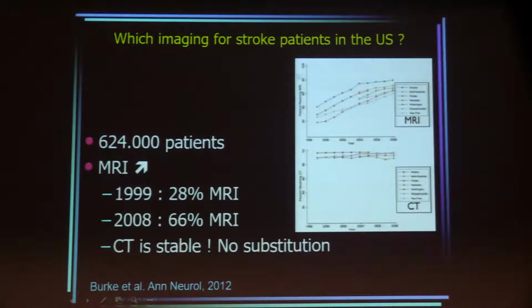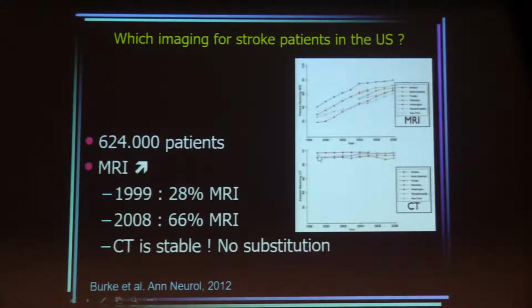First of all, let me present you the picture of what happens in the US, just to give you a rough idea. Here is a paper published in 2012, and you can see that the use of MR in acute stroke doubles in 10 years, from 28% of patients with acute stroke scanned with MR, rising to 66%.